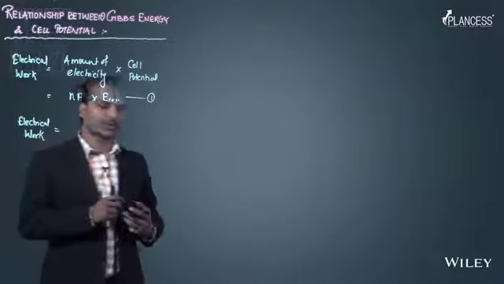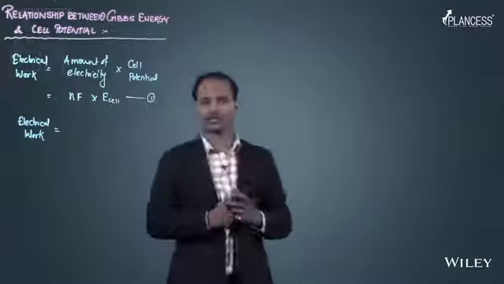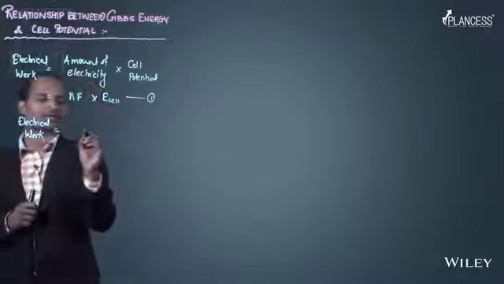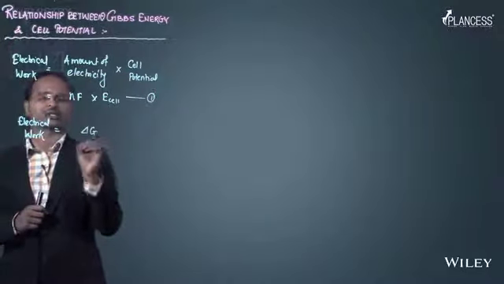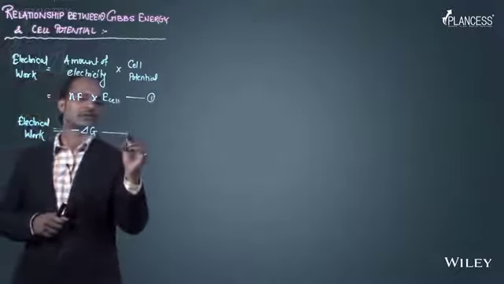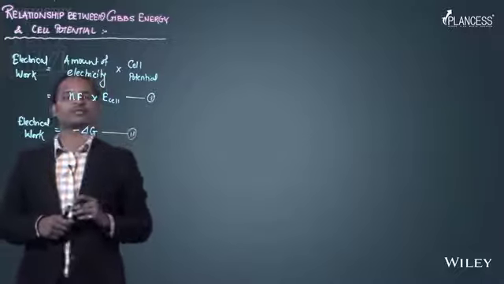If you want to know how much work has taken place during the electrolysis, it is equivalent to the decrease in Gibbs energy, that is, delta G is negative. So this is equation number 2. Both are the formulas for the electrical work.